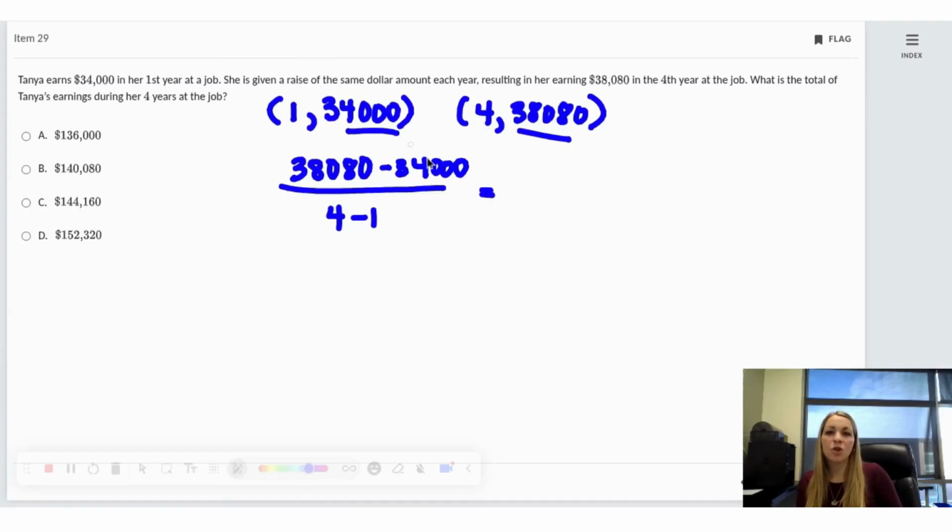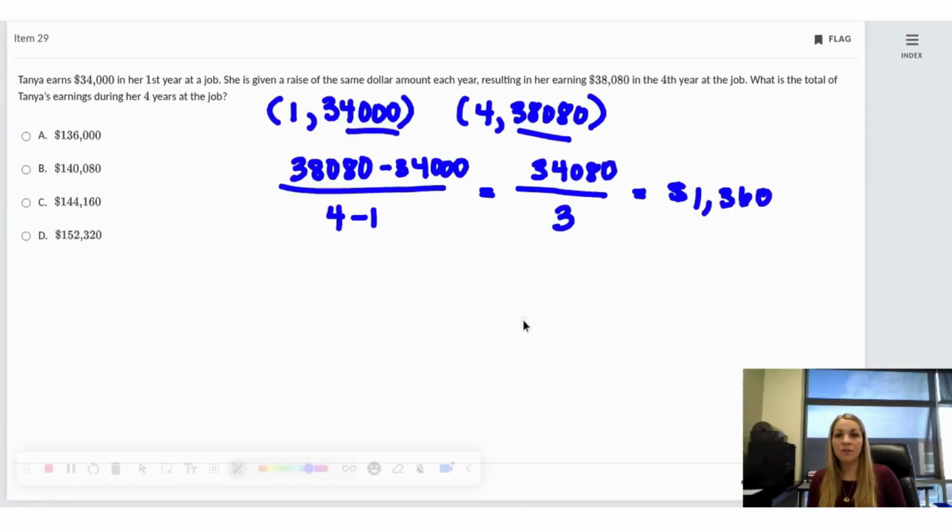I can subtract these two and get 4,080, and I can subtract these two. That's 3. And if I do 4,080 divided by 3, I get $1,360. So that's the amount she's earning every year.